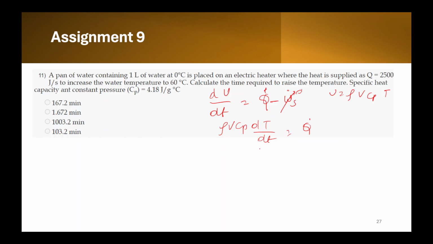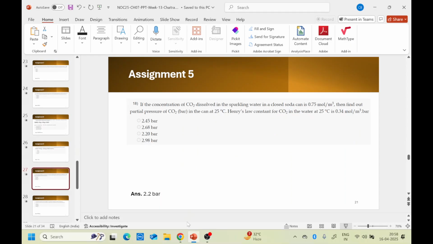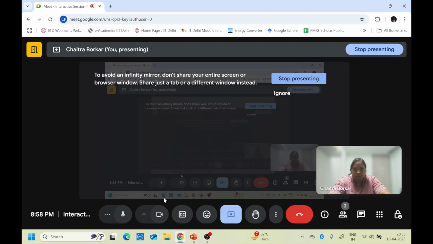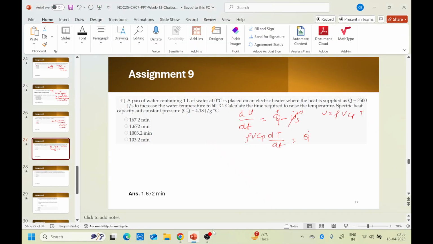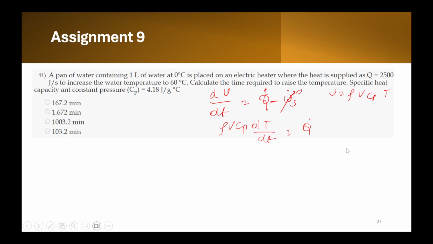So we get rho V Cp dT by dt is equal to Q dot. Just a minute, let me just check something. So you basically integrate this from T1 to T2 is equal to Q dot by rho V Cp from 0 to some time.